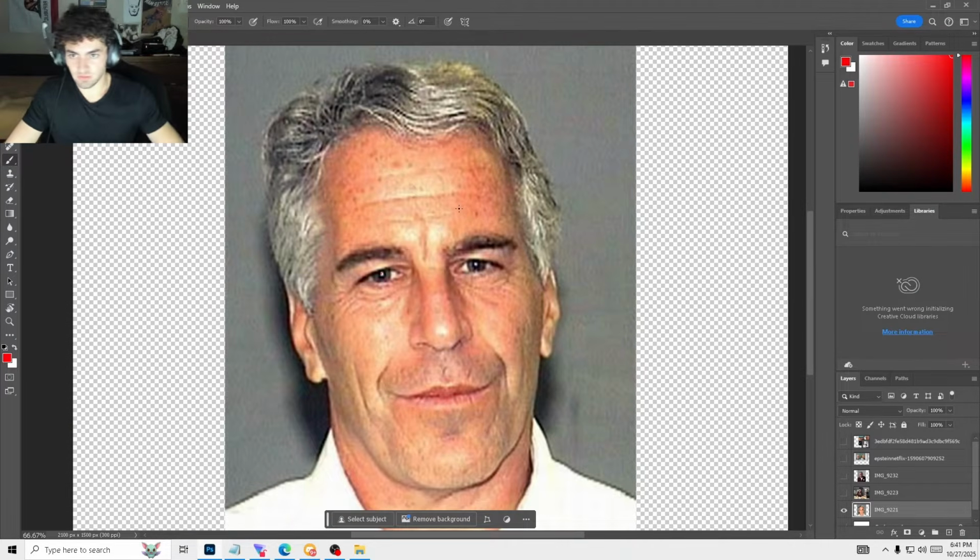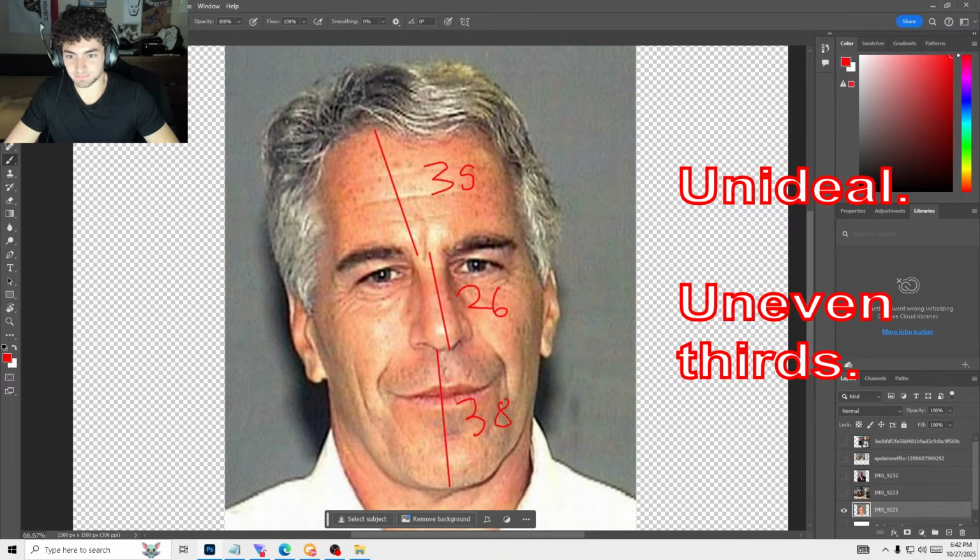Next we have his facial thirds, which are also another flaw of his. If you start at the upper third, you go down to the middle of the glabella, then from the middle of the glabella down to the bottom of the nose, and then from the bottom of the nose down to the bottom of the chin. You get all 3 thirds, and that comes out to 35%, 26%, and 38%.